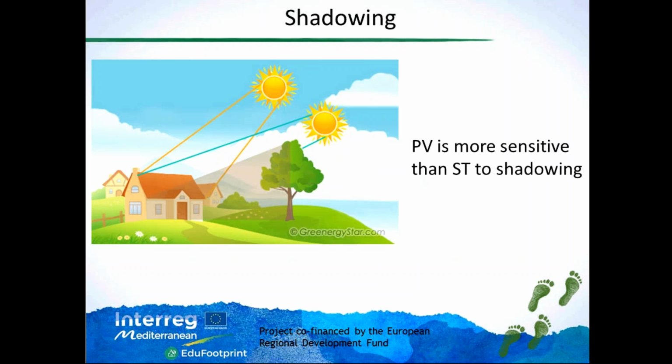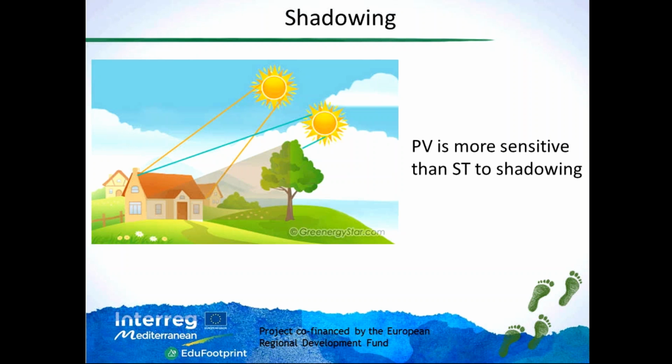Then, of course, the amount of solar energy that we can collect through these solar collectors is influenced not only by the position of these panels, but also by the potential shadowing by some elements. In this case, you see in the drawing the shadowing by a tree, but it can be other buildings, especially in urban environments.